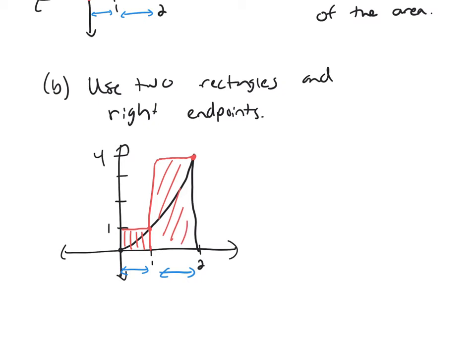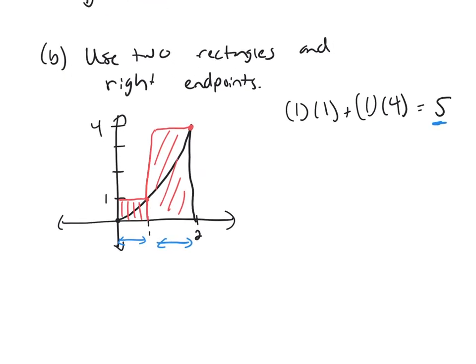And we're going to add up the area of each rectangle. So the first rectangle has width 1 and a height of 1. The second rectangle has a width of 1 and a height of 4. So we're getting 5 for our estimate of our area. But if you look, we've overcounted the area, right?